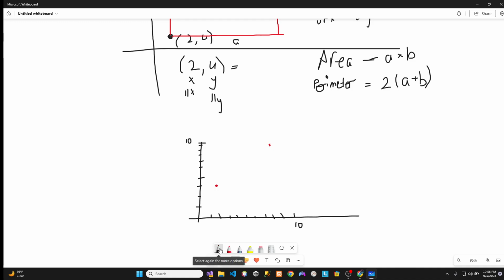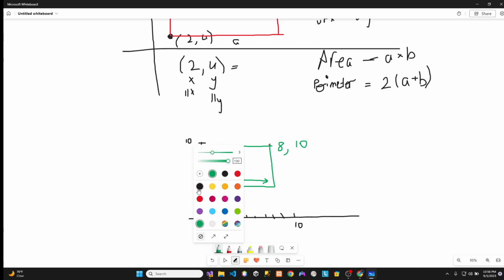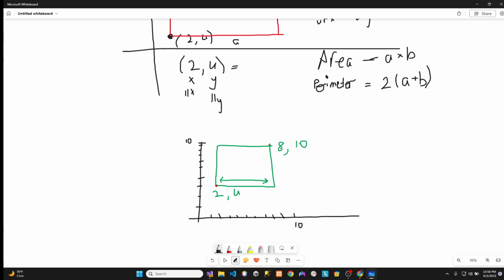Okay, I'm just going to change the color of this to something else. Actually, I'm gonna go with the green. Yeah, this is better. So here, 2 and 8, 4 and 10. To find this area, we take the x values, which are 8 and 2.